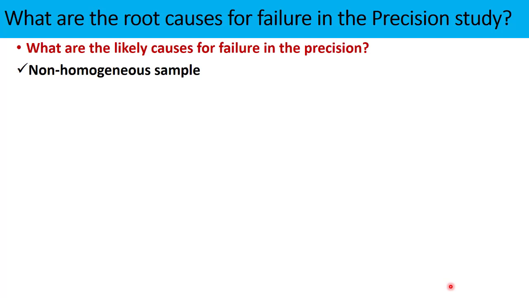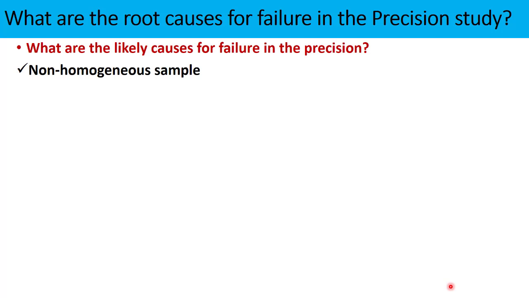And if you get assay values like 99%, 100%, 98%, 99.5%, now you can say my results are very, very precise or closely associated with each other. In case you have a homogeneous sample, the chances of getting closely associated results are likely. But in case there is no fault in your testing procedure, however, the sample in hand is not homogeneous. It is non-homogeneous.